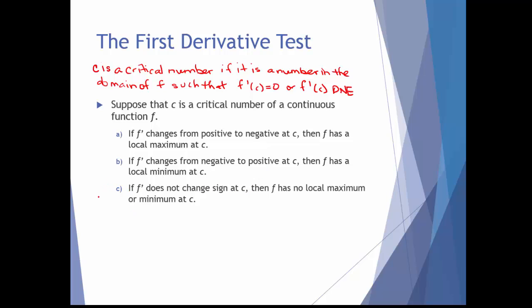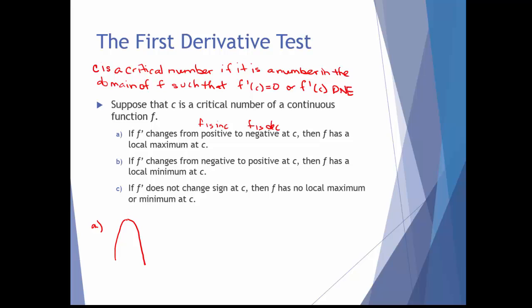Now that should kind of make sense. I mean, A is saying that your derivative changes from positive to negative. Well, remember what we just decided. If your derivative is positive, that means that f is increasing. If your derivative is negative, that means that f is decreasing. Well, that means if your first derivative goes from positive to negative, your original function changes from increasing to decreasing.